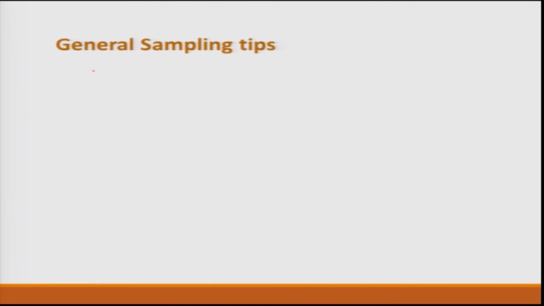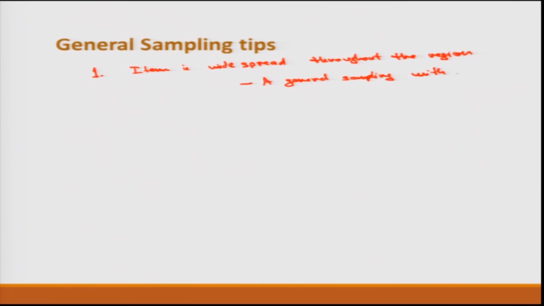Number 1, if the item is widespread throughout the region, then what we do is a general sampling with a low sampling ratio.